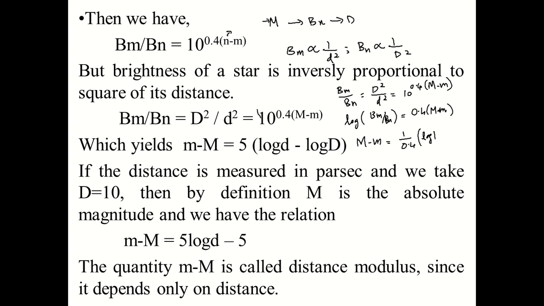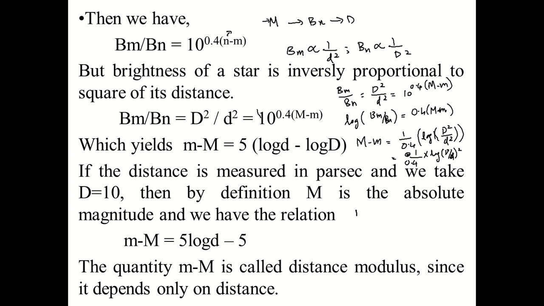Bm by Bn is capital D square by small d square, so it is 1 by 0.4 into log of (capital D by small d) all square.